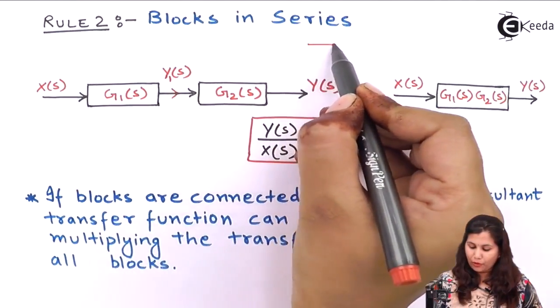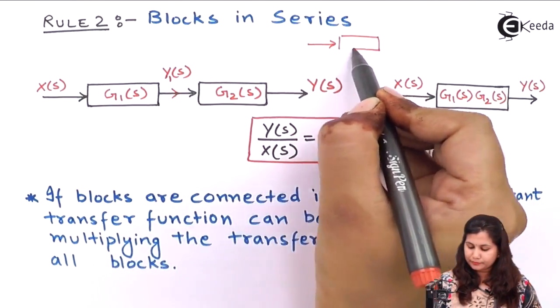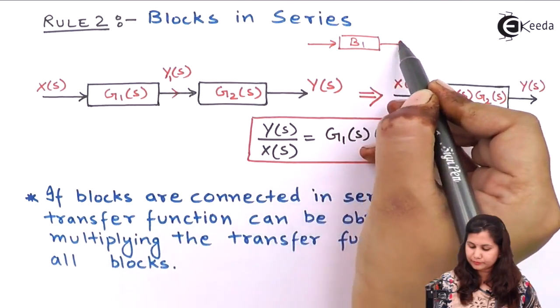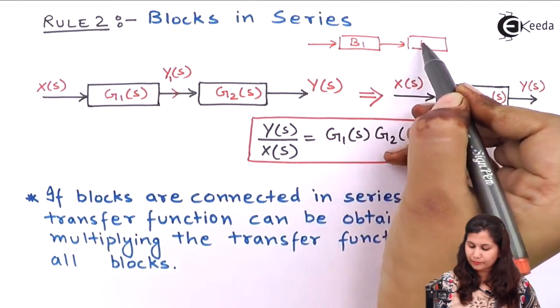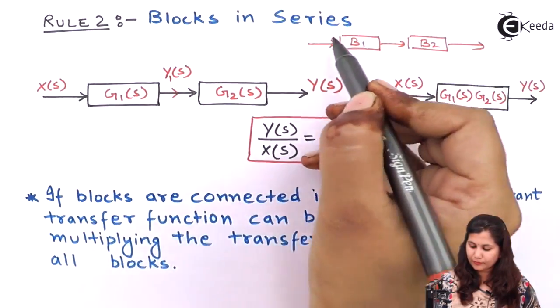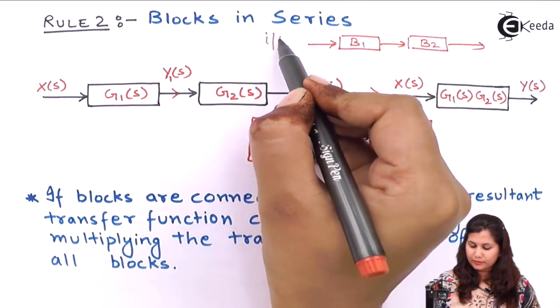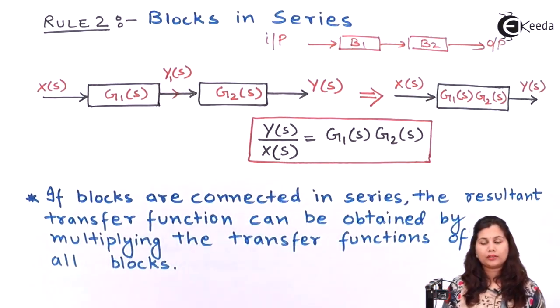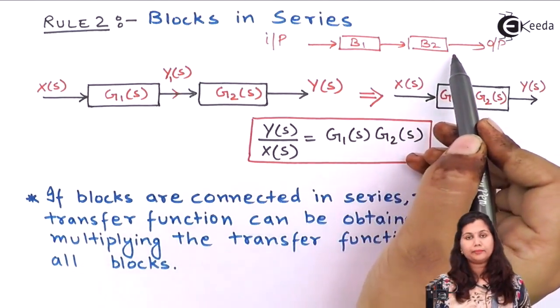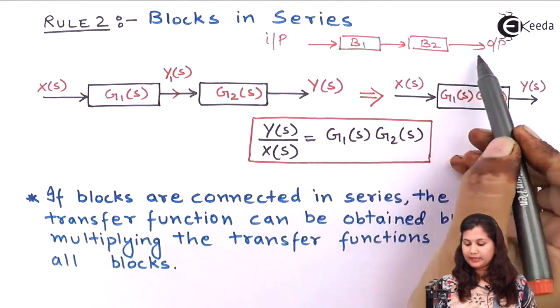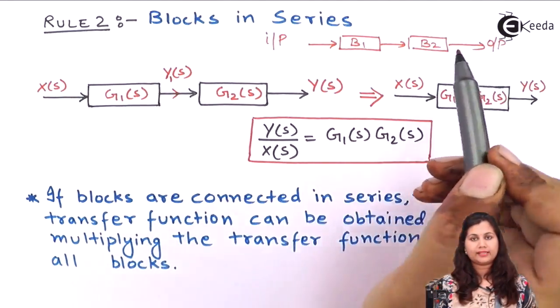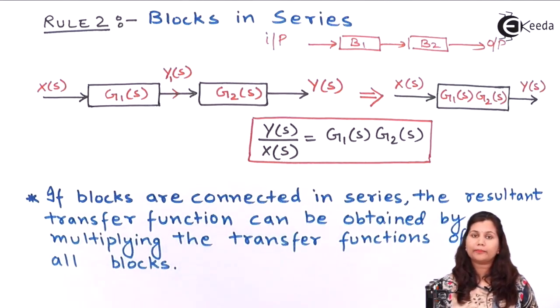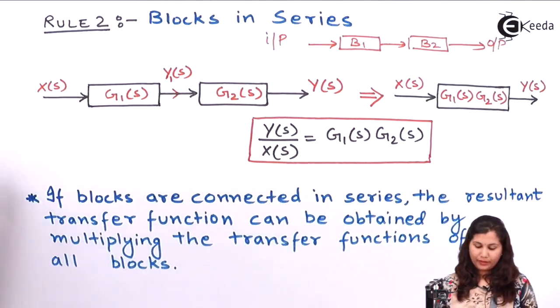When the output of one block is connected to the input of the second block, in this way if the blocks are connected, it is called the series combination of the blocks.